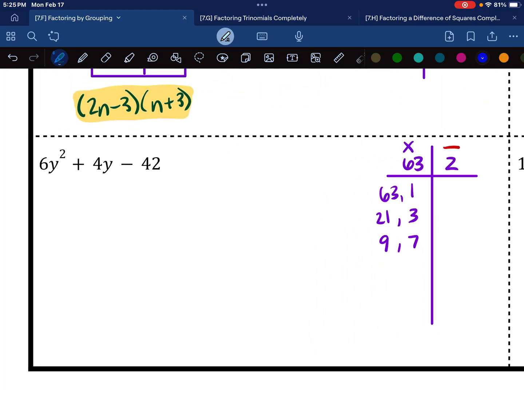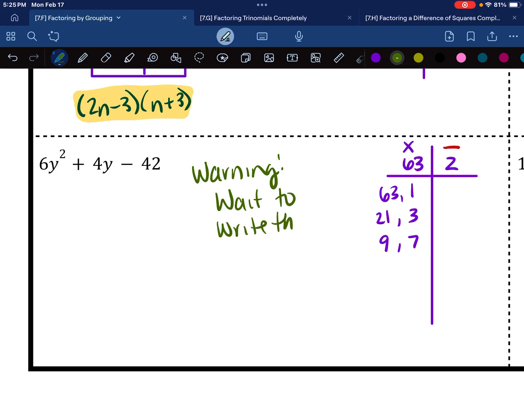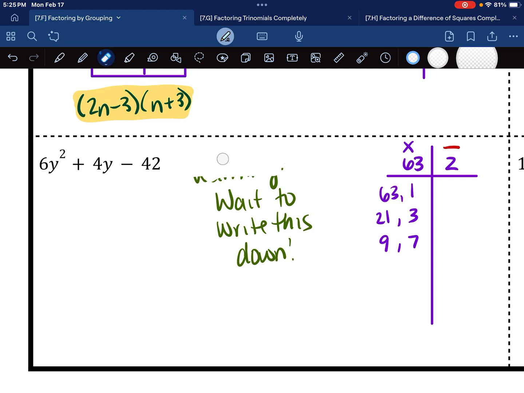Okay. So I'm going to write this out because I know some of you guys aren't listening to this video, so I'm saying, warning, wait to write this down. I'm going to show you what happens if you don't take out the GCF.